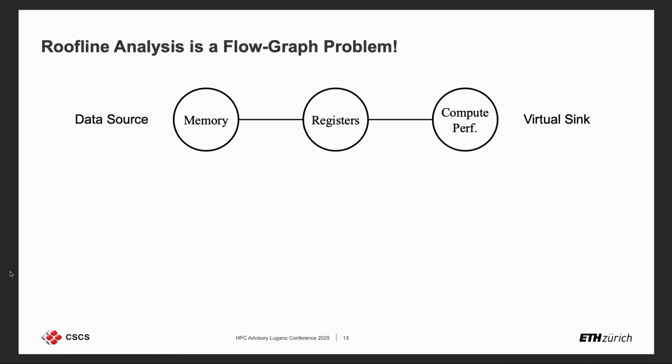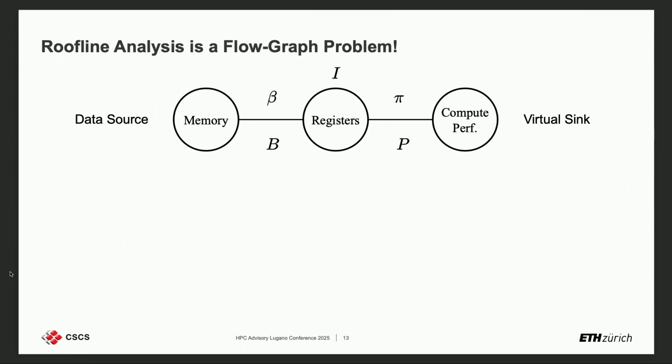Now, there are two bounds, two theoretical upper limits, which are the bandwidth of the memory and the peak compute performance of your GPUs. We know that these are limits that we can never go over. And then what we have is the measured data transfer as well as the measured performance.